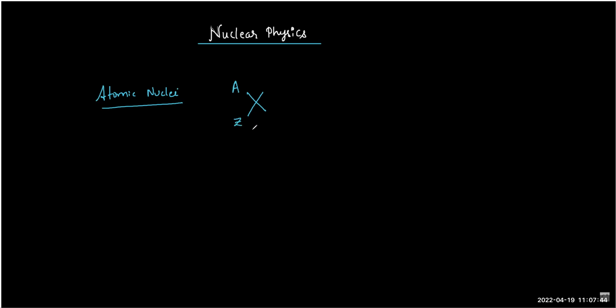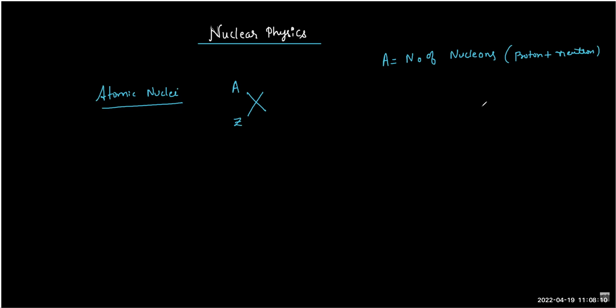Okay. So what does A represent? The number of nucleons. Whatever is inside the nucleus we call a nucleon.